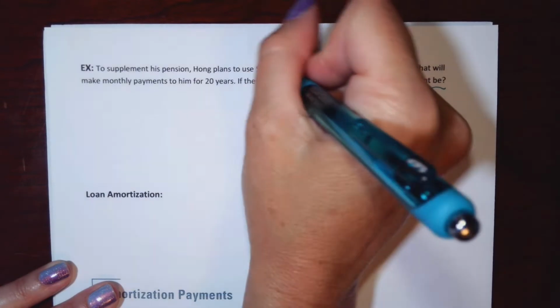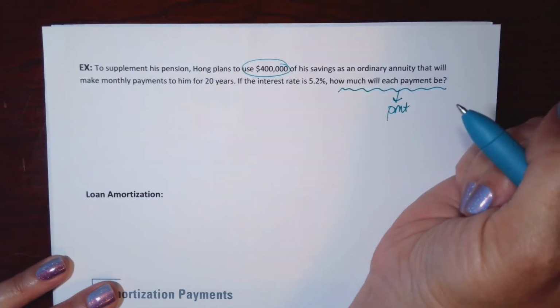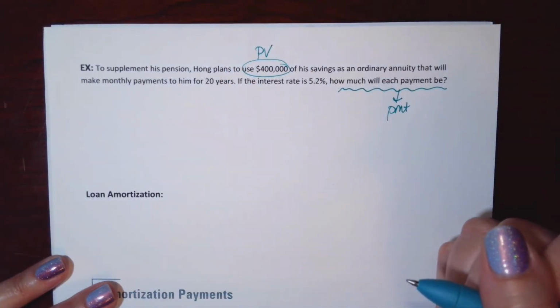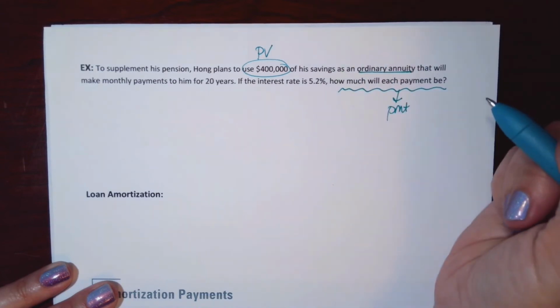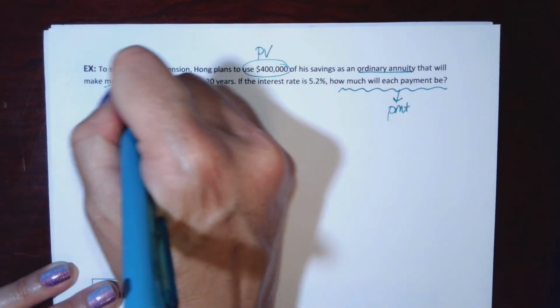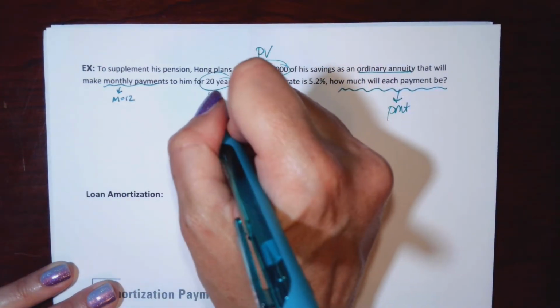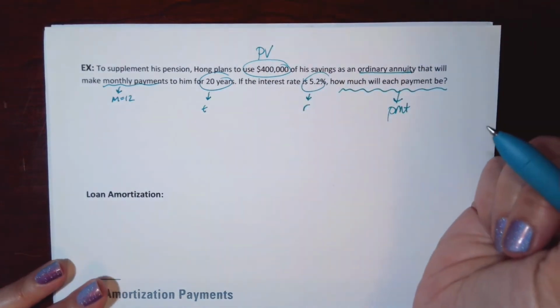Now, this $400,000, this is what he has now to invest. So this is the present value, which means we're going to be using our present value formula for ordinary annuities, monthly payments, that's my value for M, 20 years, that's my value for T, and then there's my rate.